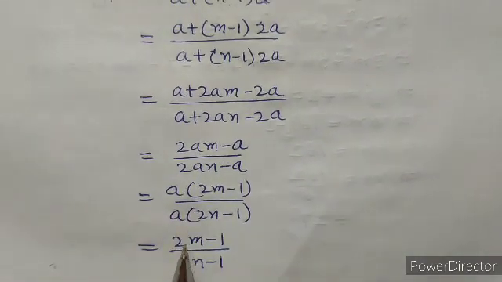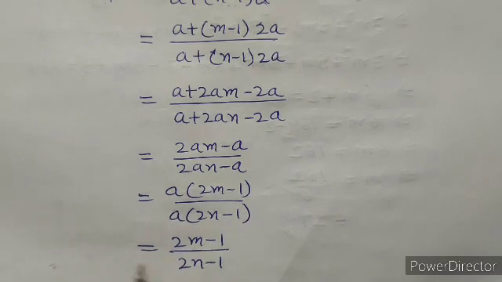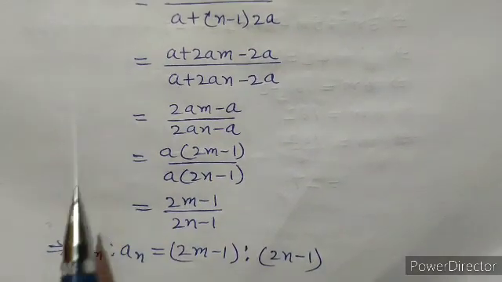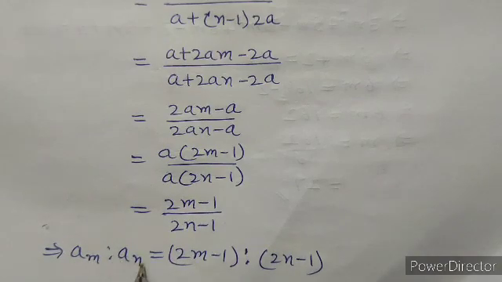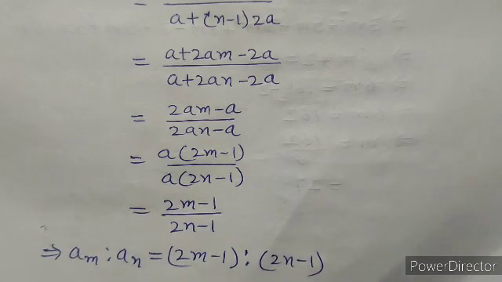Now this will give us 2m minus 1 upon 2n minus 1. Thus we can say that am ratio an will be equal to 2m minus 1 ratio 2n minus 1.